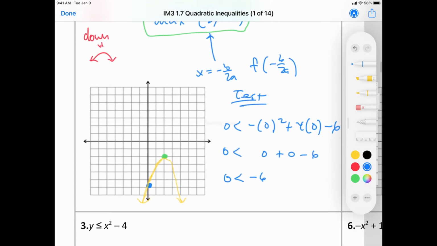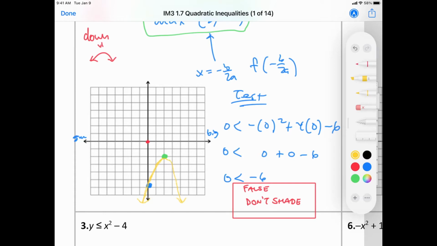If you need representation on the x-axis, these are smaller numbers over here, negative numbers, and here are positive numbers. So is 0 smaller? This would be false. Okay, so this is the red dot that we tested. It is false. That means we don't shade. Shading is the solutions.